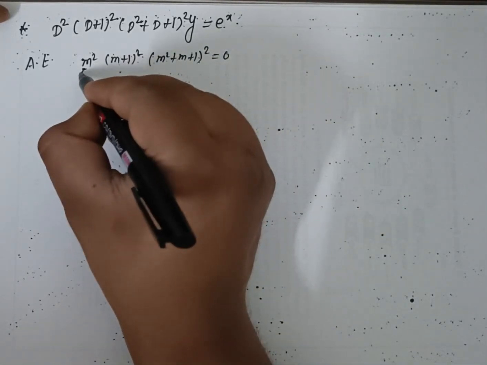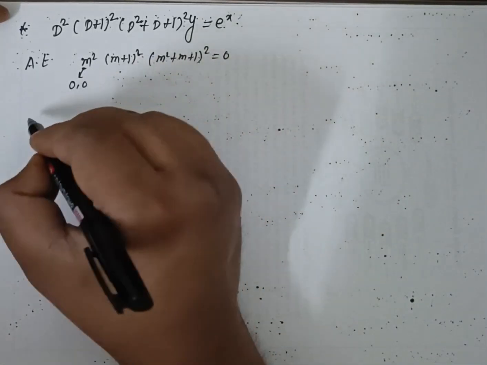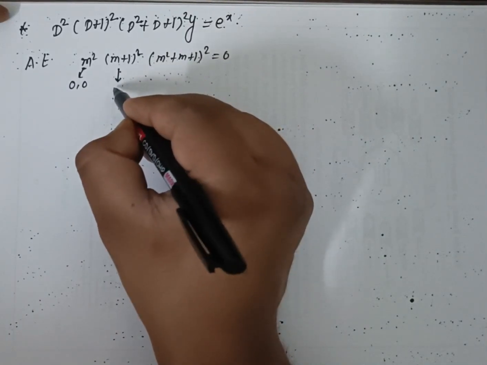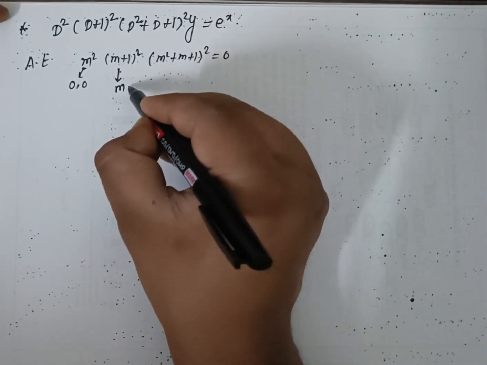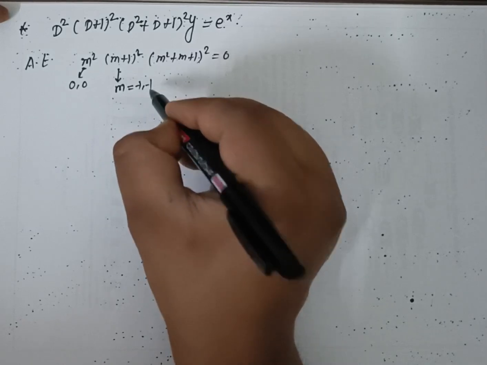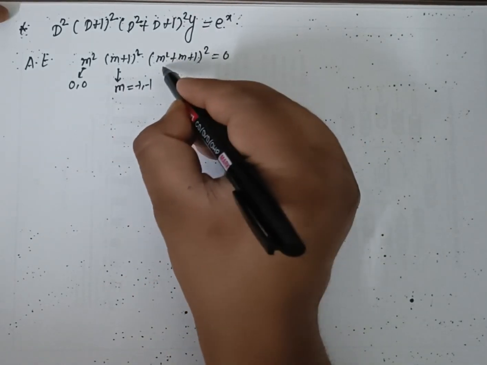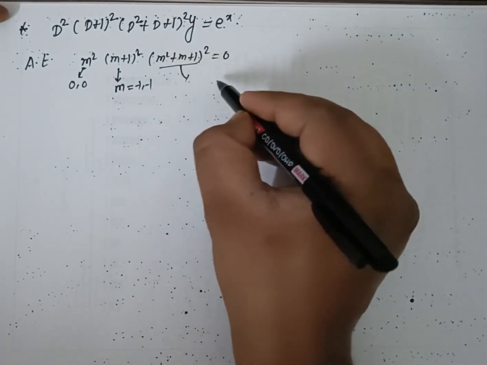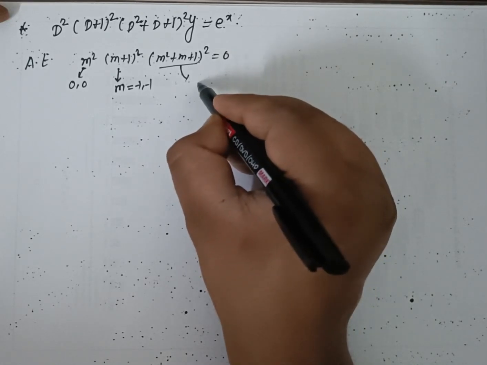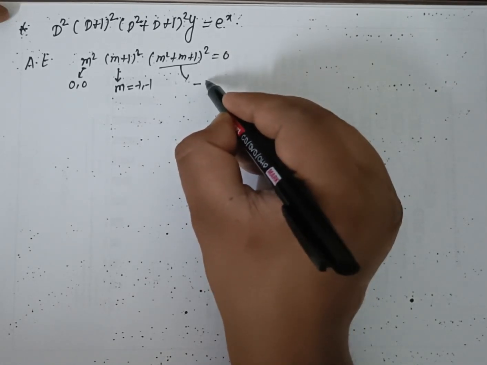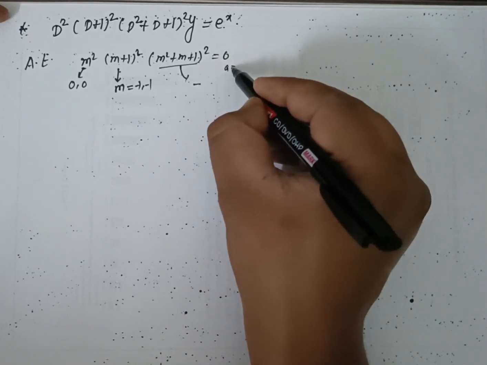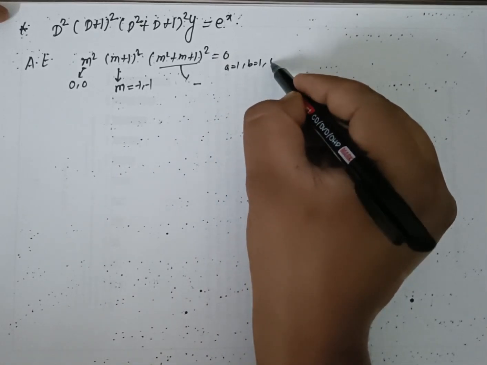It will give you 2 repeated roots 0, 0, and it will give you another 2 repeated roots at m = −1 and −1. And what about this? Obviously we will apply here the Sridharacharya formula. So you will get a = 1, b = 1 and c = 1.